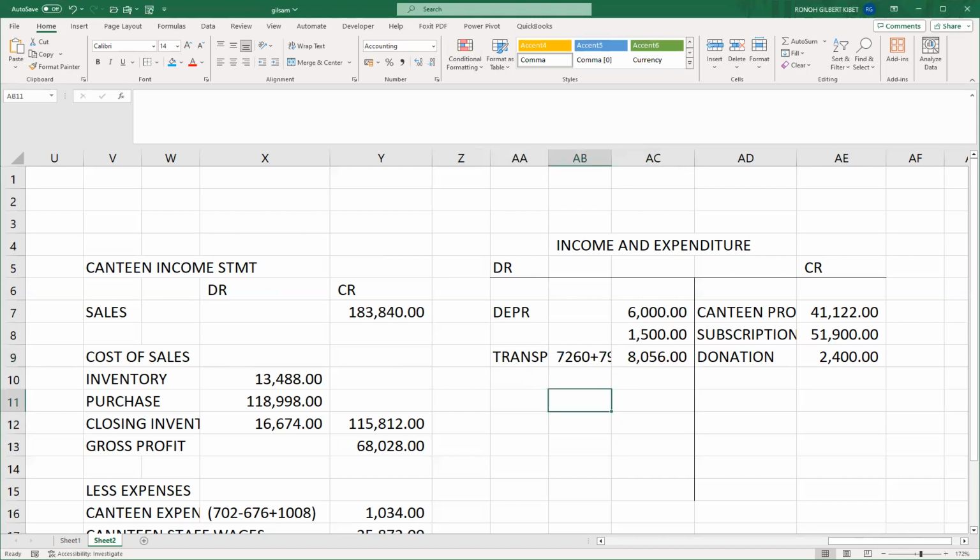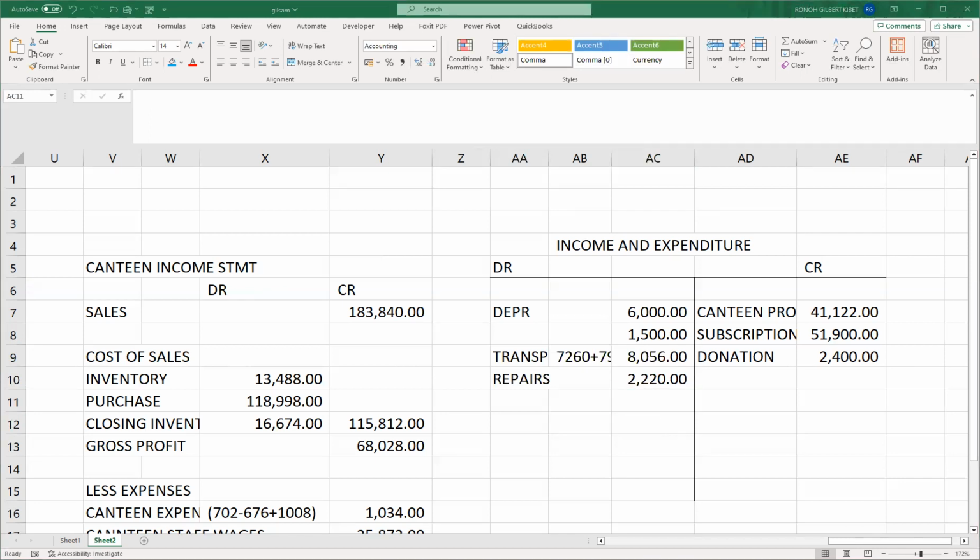Then now we are back to the additional information. We go back to the receipt and payment on the credit. So we start with the repairs to sport pavilion. We have repairs, that's 2220.